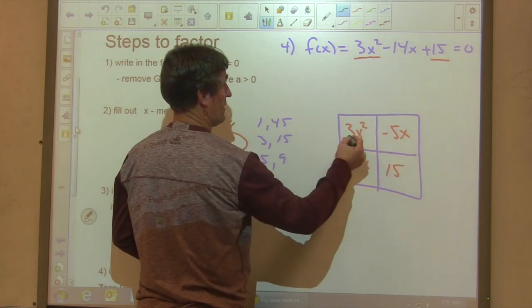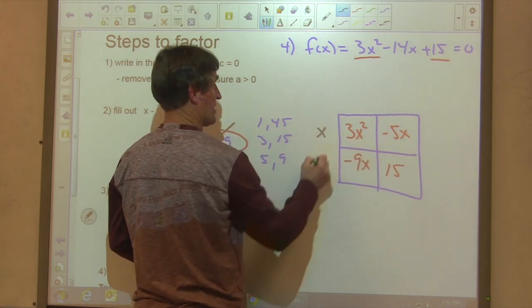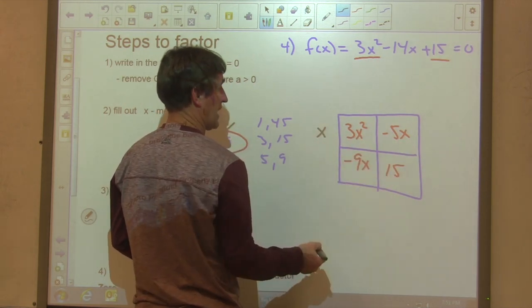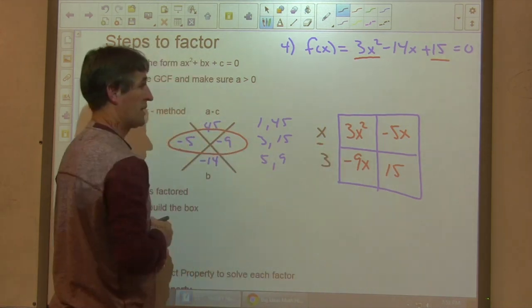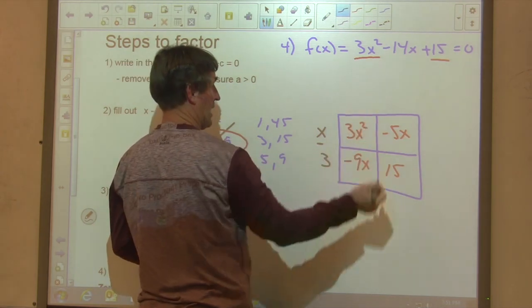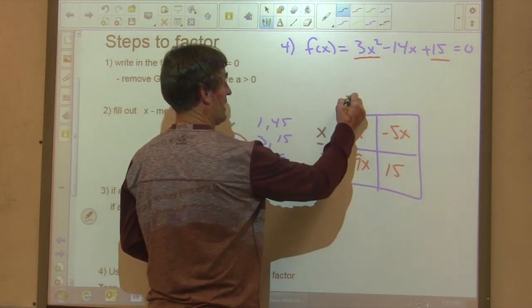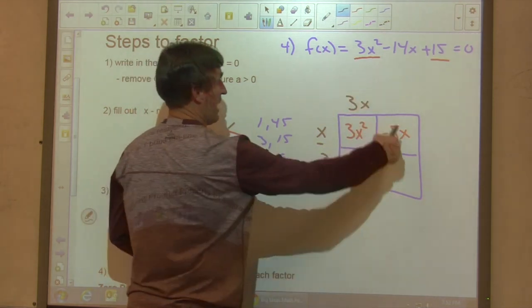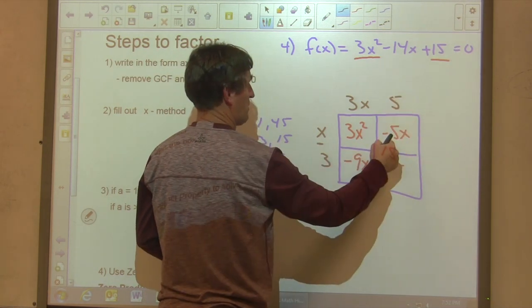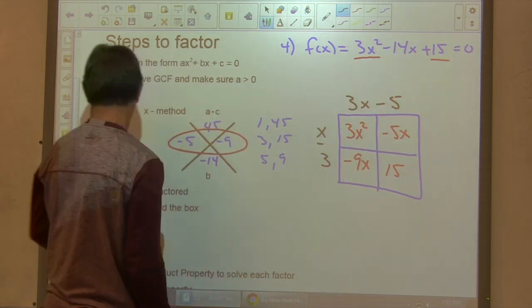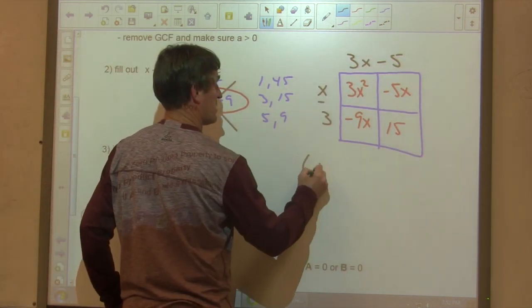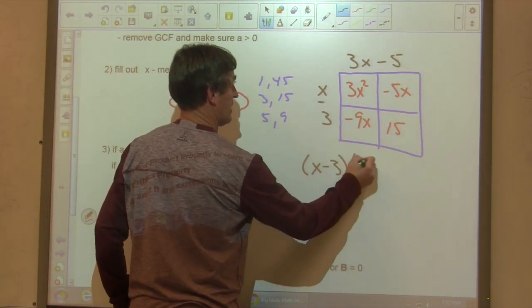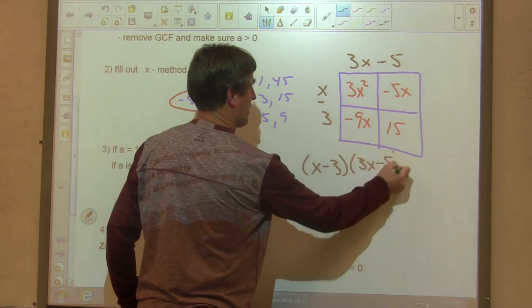Let's take this row. That would be just x. 9 and 15, I can pull a 3 out. The first box is negative, so it's x minus 3. This way, I could pull a 3 and an x out. 5 and 15 would be 5. The first box is negative, so minus. And so this becomes x minus 3 and 3x minus 5.